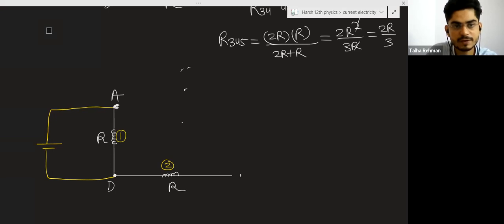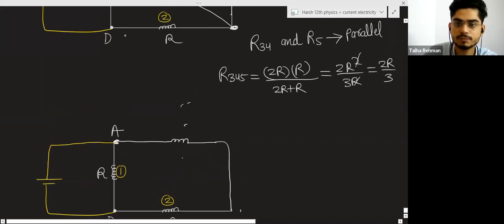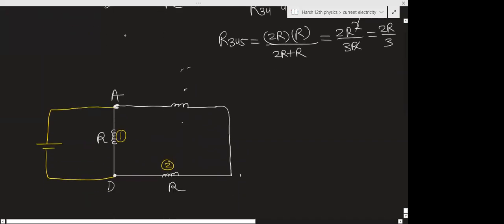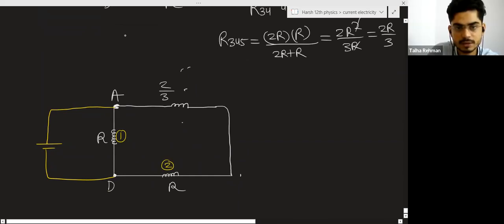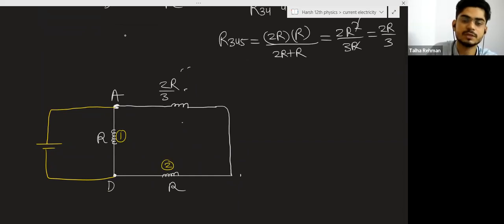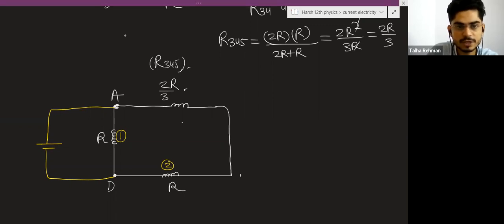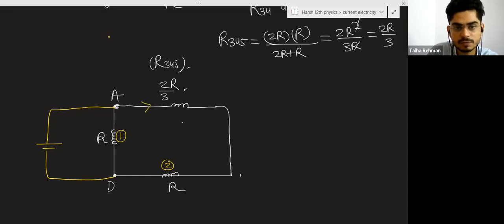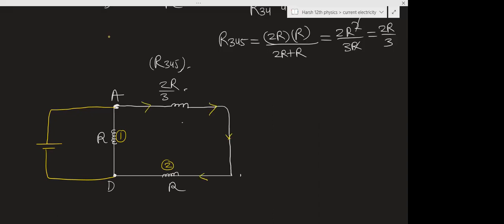So now I can connect this with the help of a single resistance of 2R by 3 ohm. And I am giving it a name R345. So now see here, this is a single wire now, no branching.